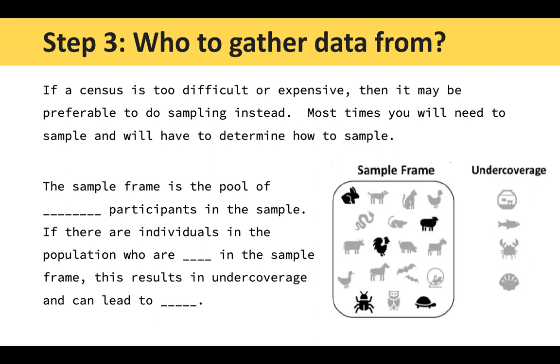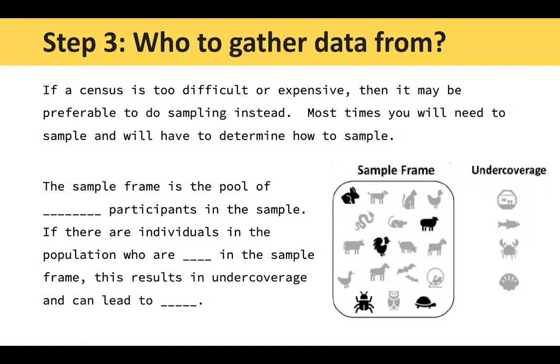So we talked a lot about samples in section 1.2, all the different ways of taking a sample, specifically ways of taking a random sample. But we also had something called a convenient sample, where we just did it non-randomly and asked whoever was easiest to ask. So most times with any kind of study, whether it's an experiment, an observational study, or just a survey, you will need to sample from your population, and you'll have to determine how you're going to sample.